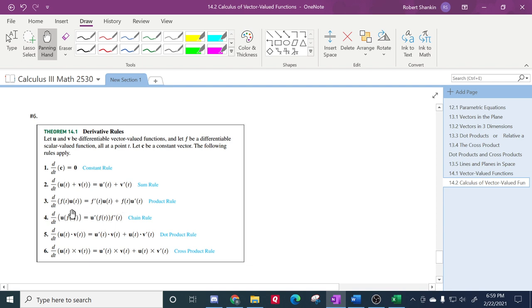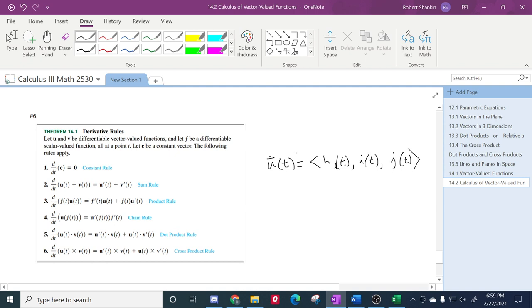And you could verify this easily by just letting u of t, since they called it f, you might want to call it h of t, i, j of t, something like this.